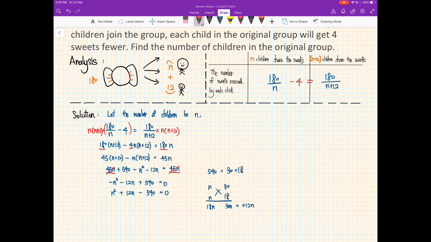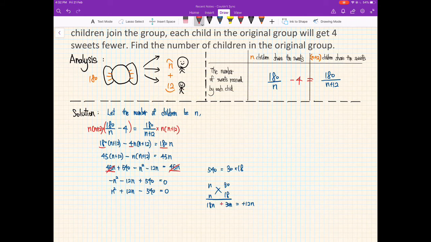That means this must be positive and this must be negative, so that the sum is positive 12n. Let us check. n times n is n squared. Positive 30 times negative 18 is negative 540.